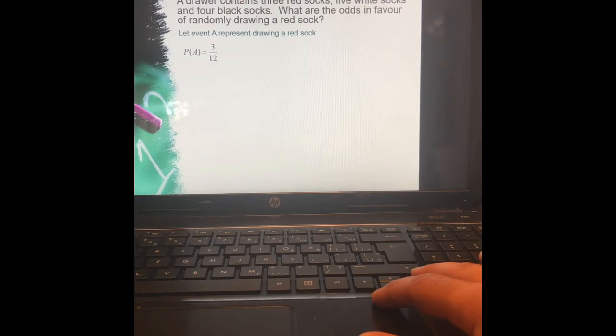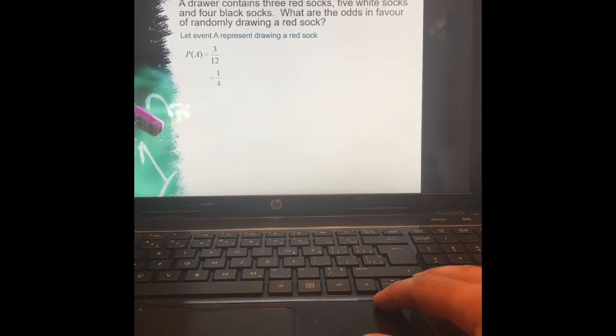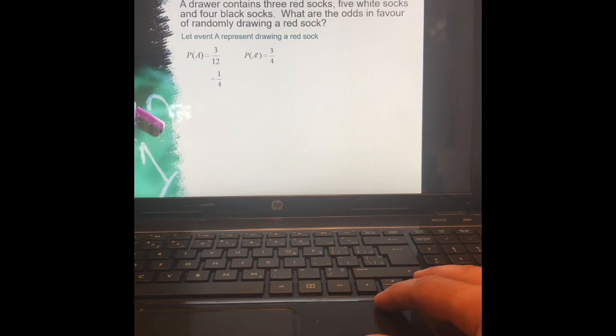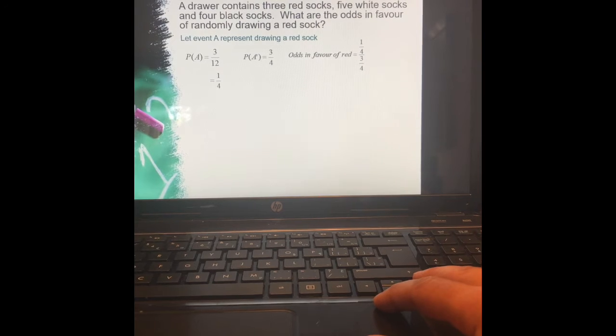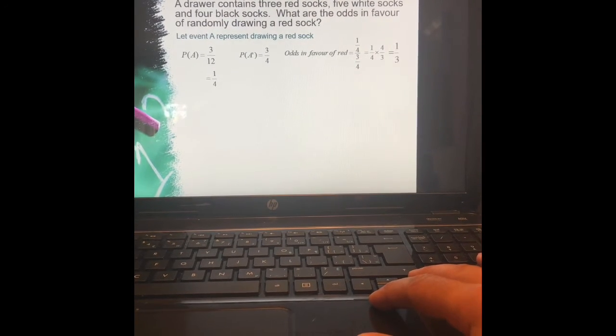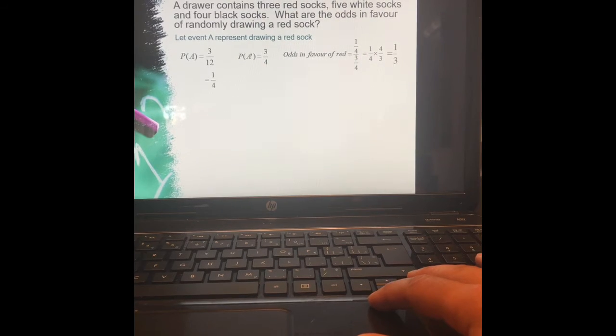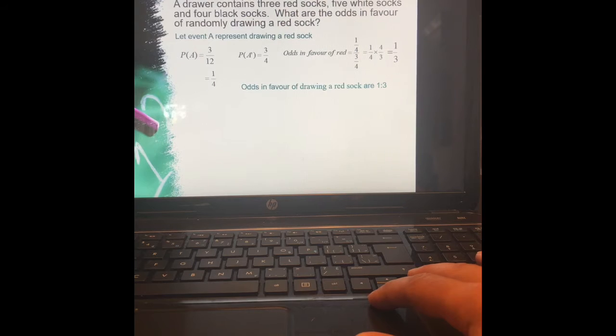So 3 out of 12 is probability. 3/4 or 9 out of 12 is not A. Going through the probability, divide by a fraction, multiply by its reciprocal, and you end up with 1 to 3.